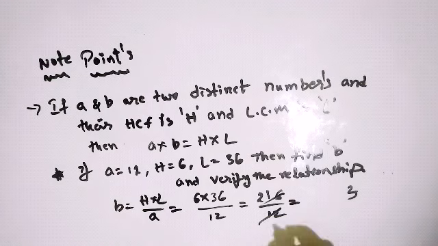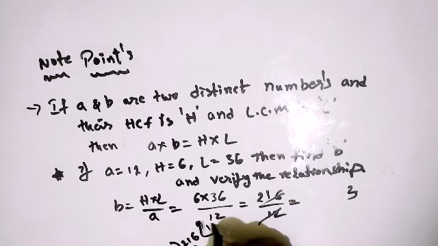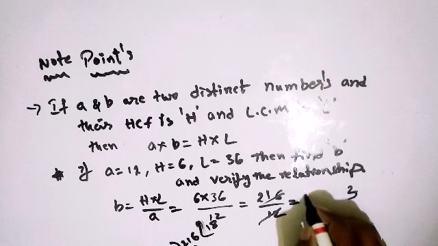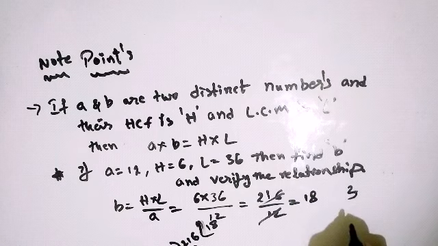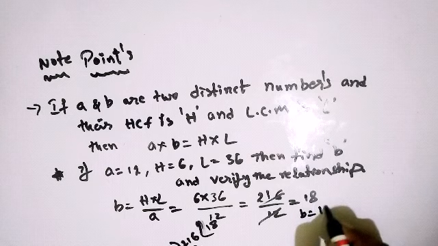In the 12 table, 12 ones are 12, 12 eights are 96. Remainder comes 0. Finally, in the 12 table 216 is 12 into 18. So the value of B is equal to 18.